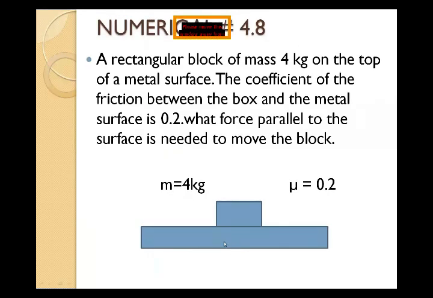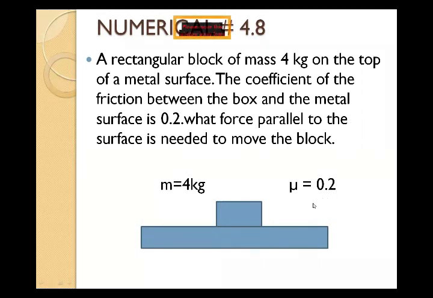Okay, numerical 4.8. A rectangular block of mass 4 kilogram is on the top of a metal surface. The coefficient of friction between the box and the metal surface is 0.2. What force parallel to the surface is needed to move the block? So mass is given, that is 4 kilogram, and the coefficient of friction is also given, that is 0.2.